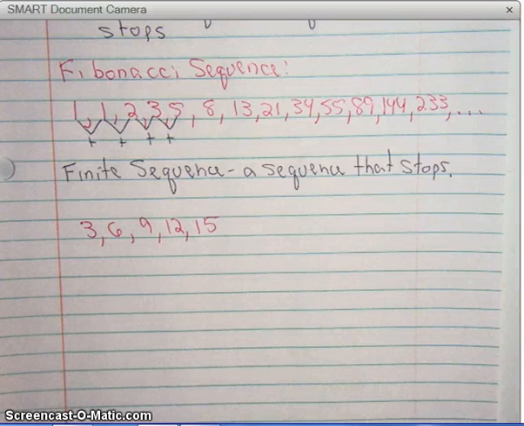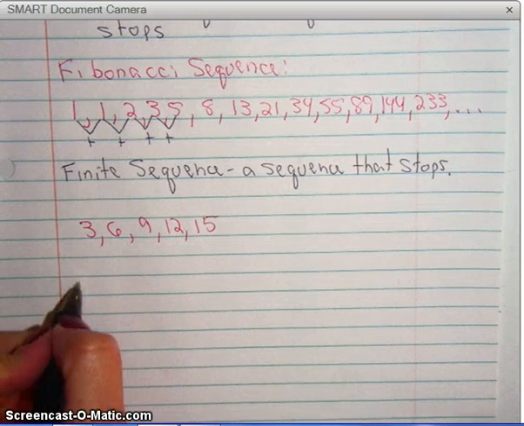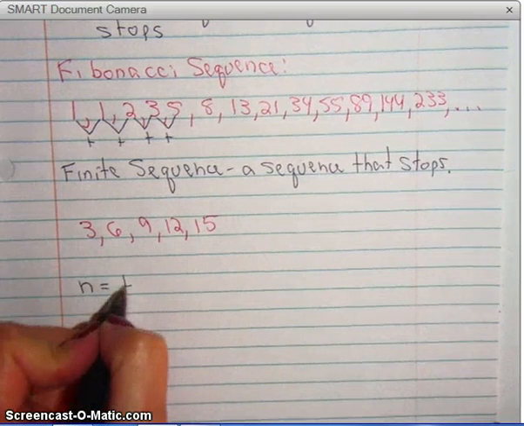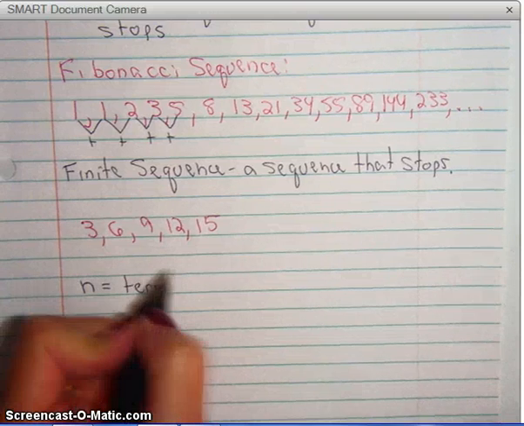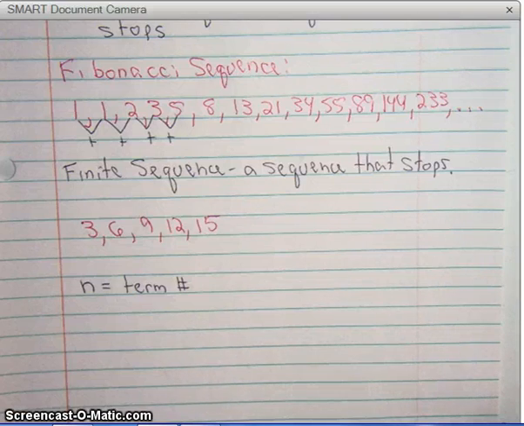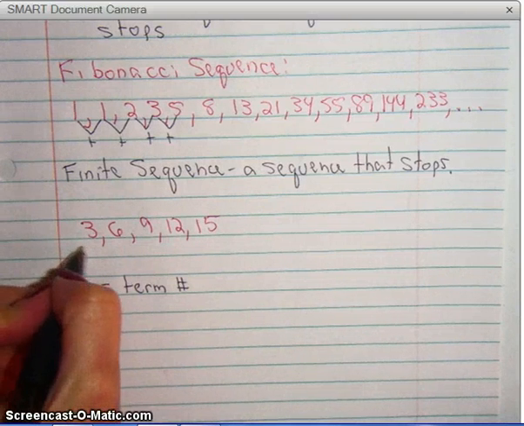Okay, couple things about a sequence, okay? Every sequence has a number called n. N is the term number. So for the first term, n equals 1.